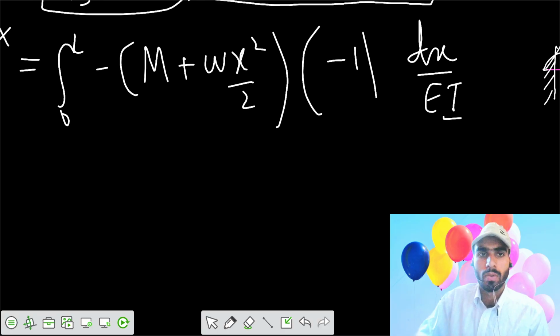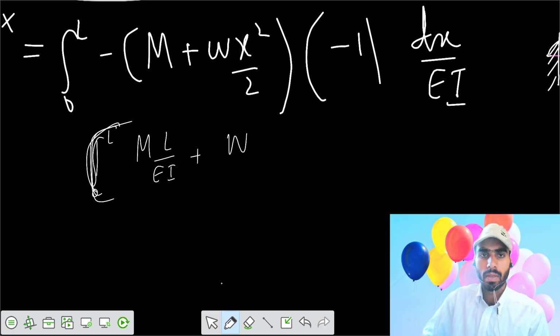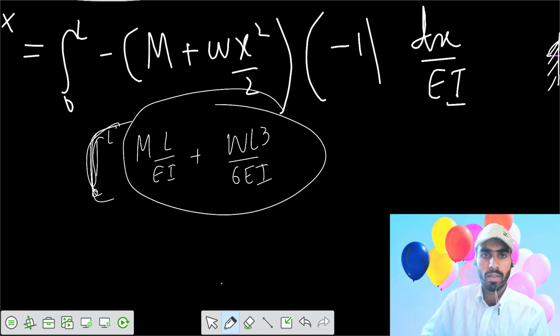Then you can calculate it and get ml by EI plus wl to the power 3 by 6EI. These are the standard results that we know from superposition and other methods.